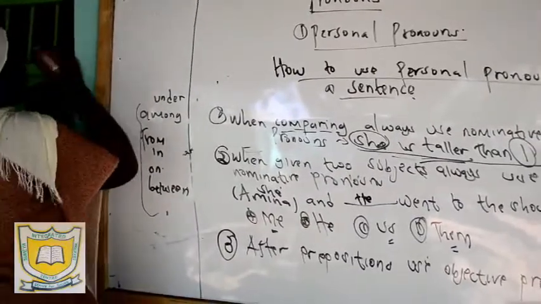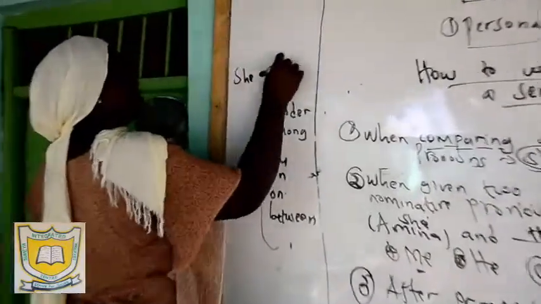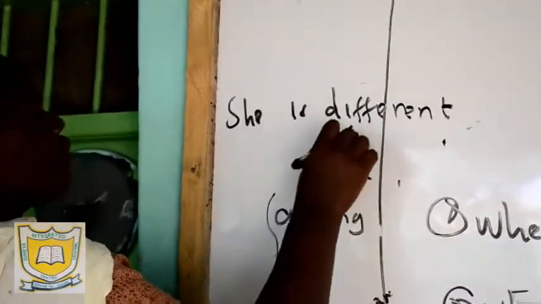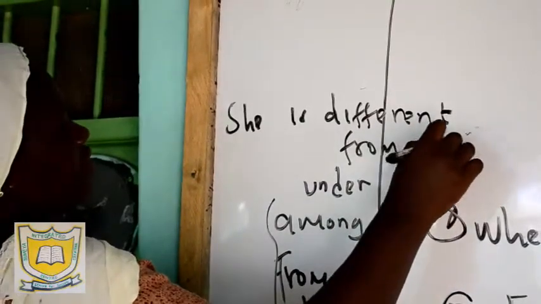Example, she's different from dash. You say, she's different from me.